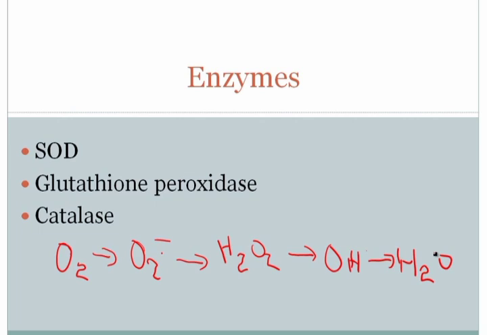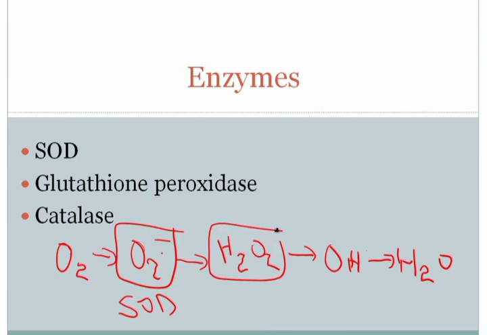And then I use this paradigm to remind me of the enzymes, because each of the three free radicals that I've drawn here is handled by one particular enzyme, or predominantly by one enzyme. So the first one is easy. This one is superoxide. And guess who handles this? Superoxide dismutase. So superoxide dismutase takes out superoxide. Hydrogen peroxide is handled by catalase.